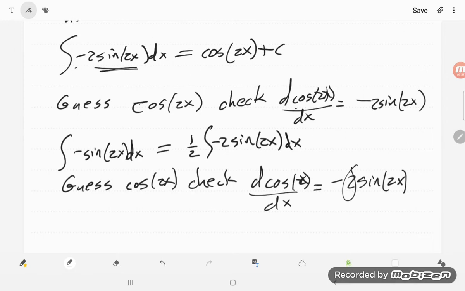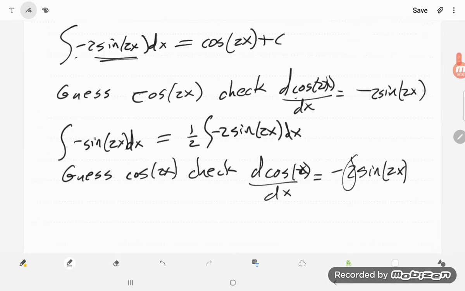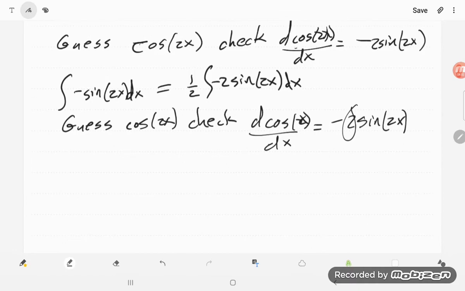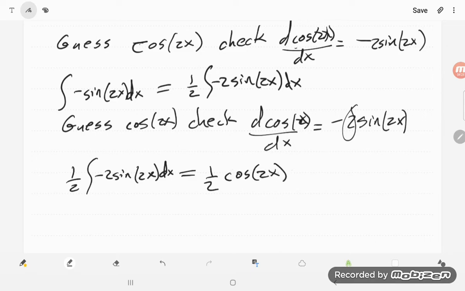And then by my guess and check method, I already know that the answer to my antiderivative inside of here is cosine of 2x, but I now have that 1/2 out front, no big deal, just write the 1/2 and cosine of 2x plus c.